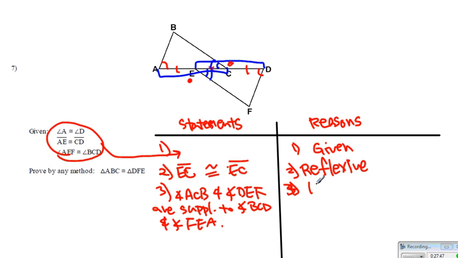Number three reasoning, because it's linear pair. Meaning pair of angles that makes up a line, meaning supplementary.